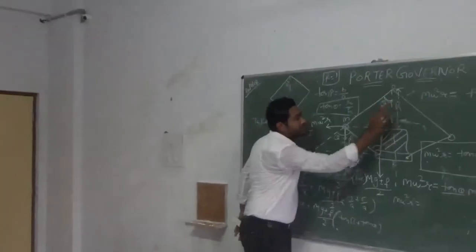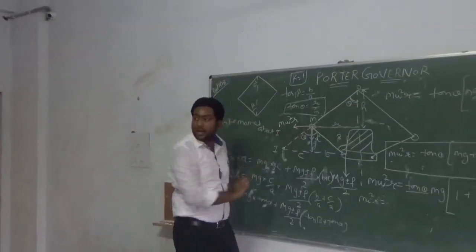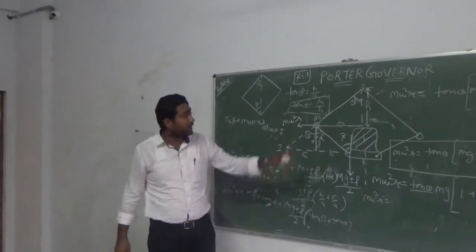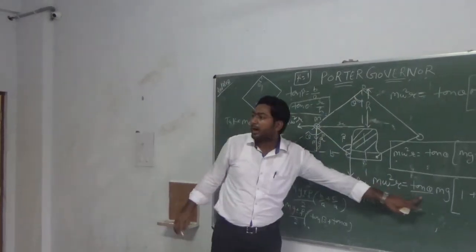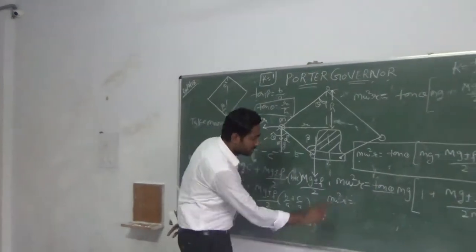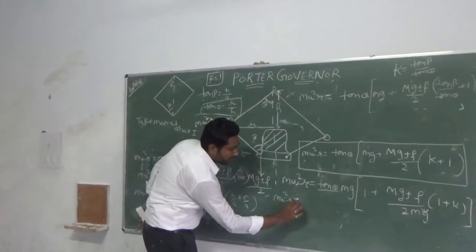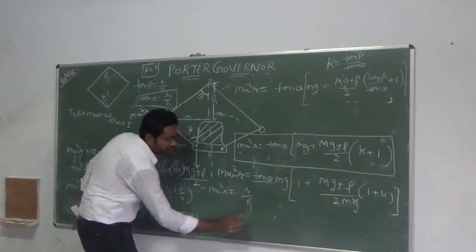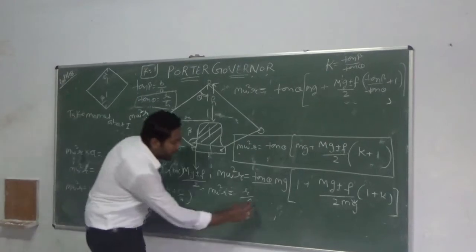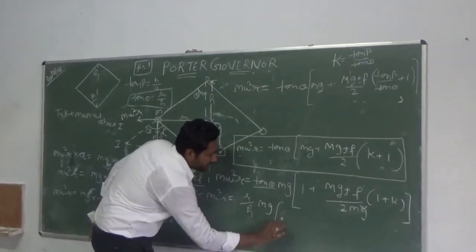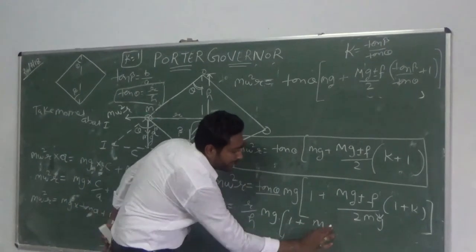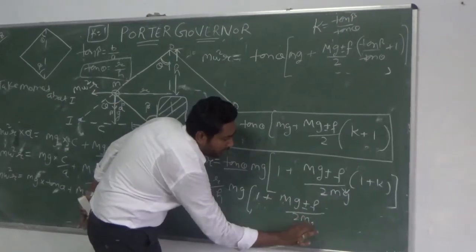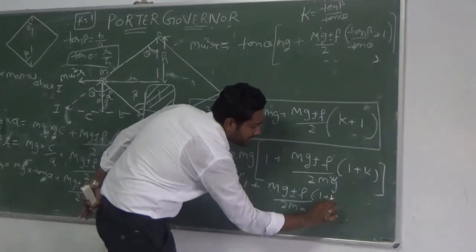This angle is theta. This distance is r, and this distance is h. So we write tan theta is equal to r by h. So m omega square r is equal to tan theta, r upon h, mg, 1 plus capital Mg plus minus f by 2 mg, 1 plus k.